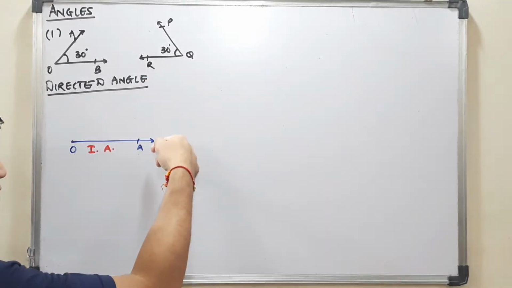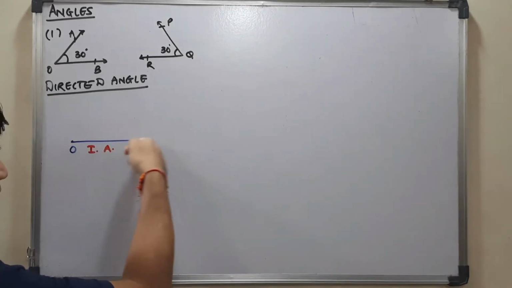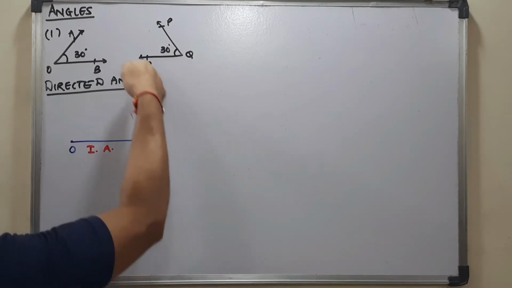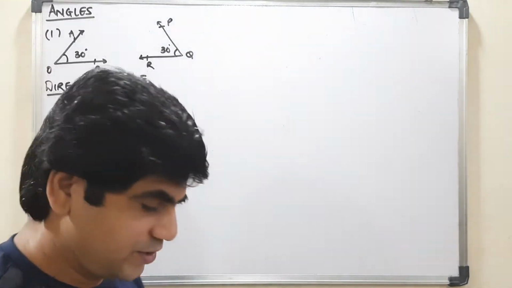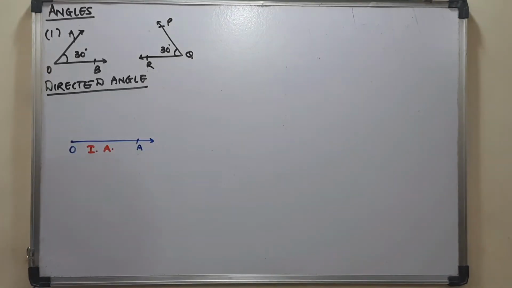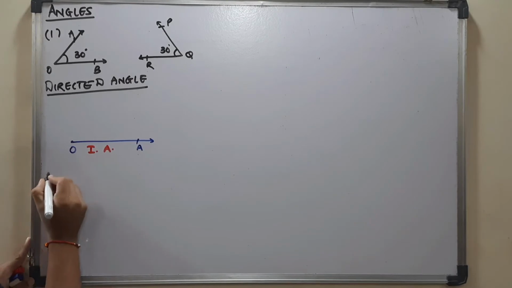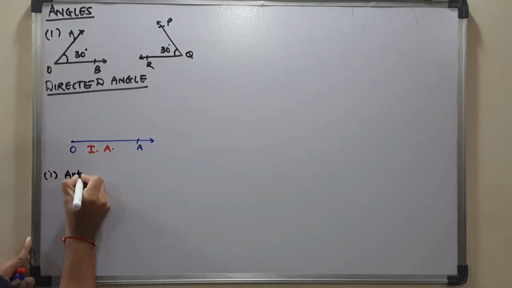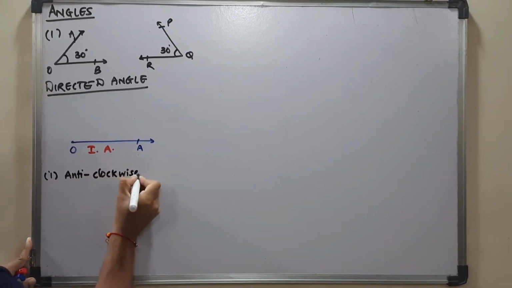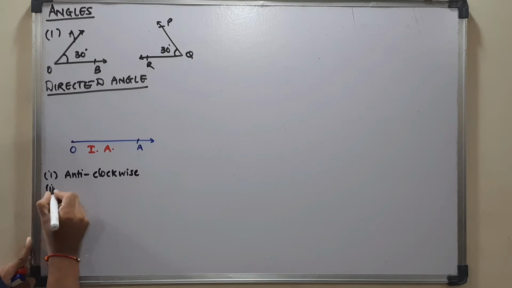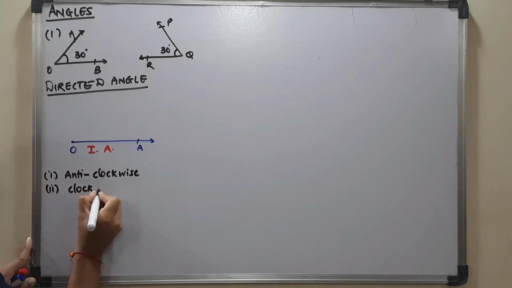So if I move that thread, I can move it like this, or I can move it like this also. That means I have two directions in which to move. One is anti-clockwise and the second is clockwise.